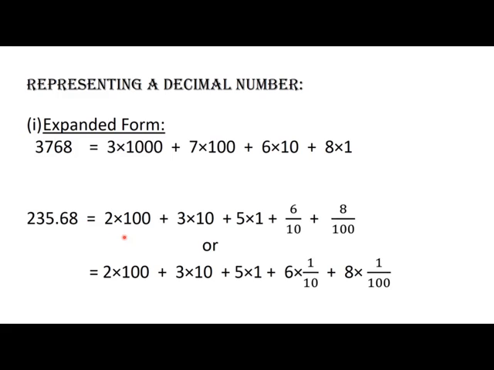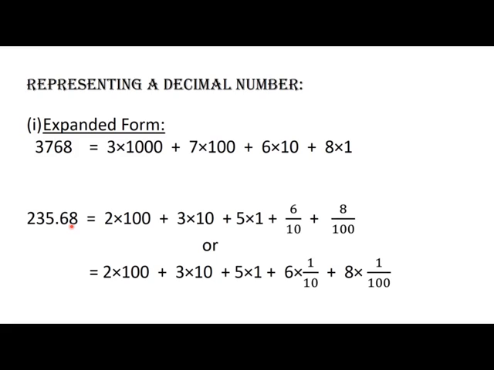Now we will expand. So 2 is in hundreds place, so 2 into 100 plus 3 is in tens place, so 3 into 10 plus 5 is in ones place, so 5 into 1 plus after the decimal, this is 1 by 10. So here the number is 6, so you have to write 6 by 10.